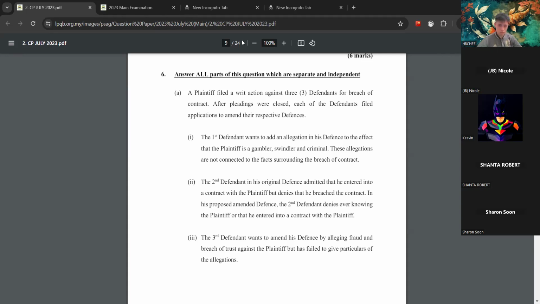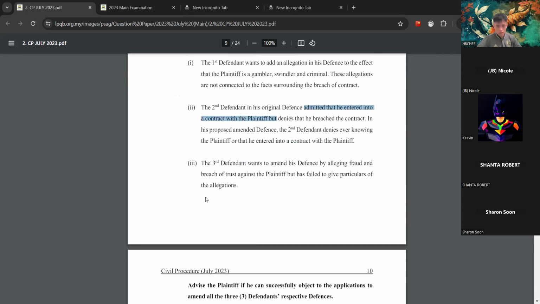Now you see the keyword is he wants to deny ever knowing the plaintiff or entering into a contract with the plaintiff. But in the first place, he has admitted that he entered into the contract, so he is withdrawing his admission.